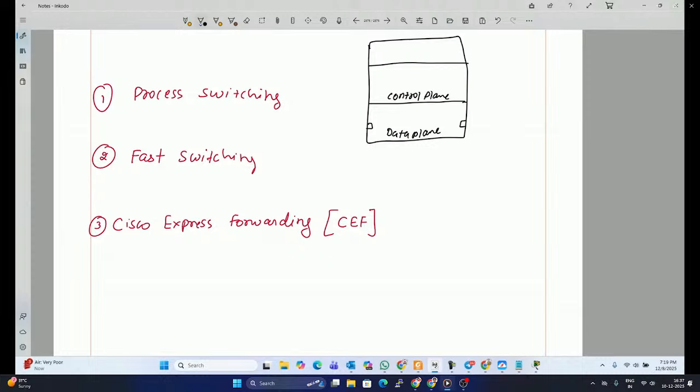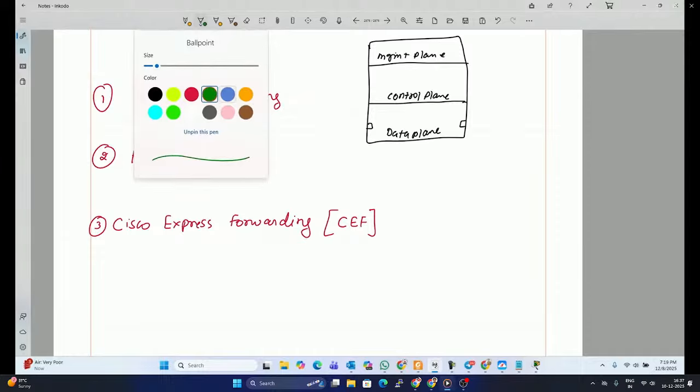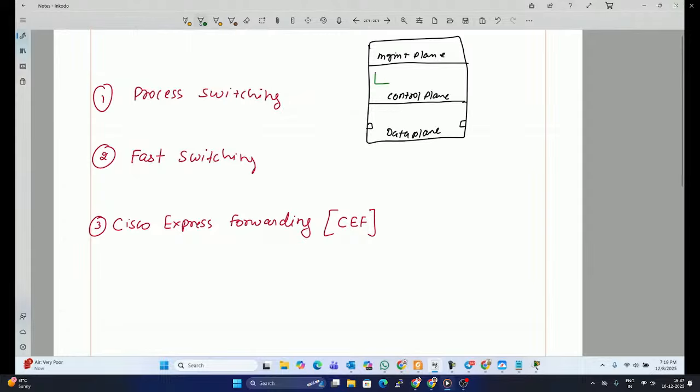Then we have the control plane and the management plane here. So the router maintains the routing table and ARP table. All these, the routing table and ARP table, belong to the control plane. The CPU maintains them.